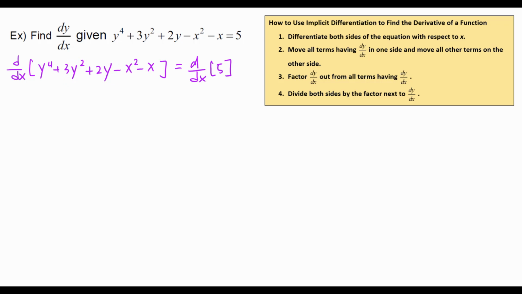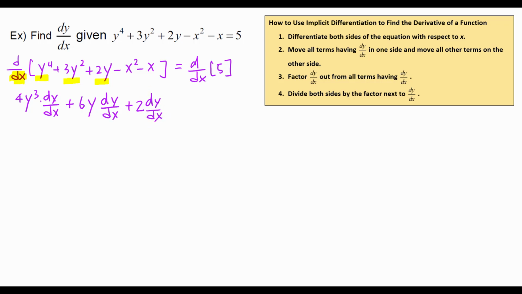So notice that when you take the derivative of y to the fourth, 3y squared, 2y with respect to x, y is a function of x, so you need to use the chain rule here. So then it becomes 4y to the third dy/dx plus 6y dy/dx plus 2 dy/dx.